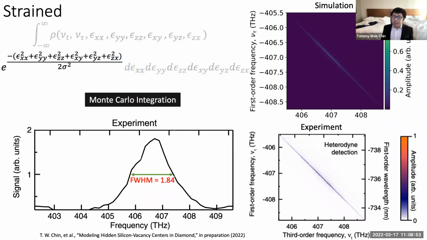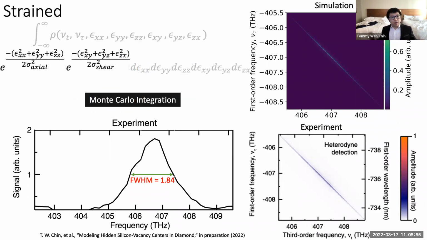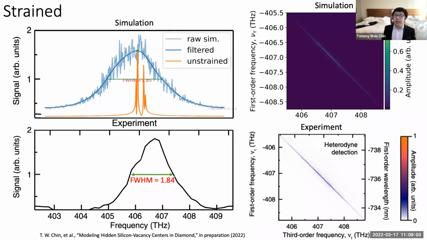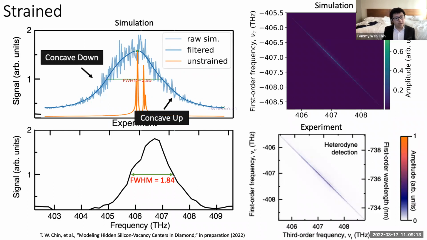Now, I can split my Gaussian into a product of 2 Gaussians with 2 different standard deviations, one for the axial, one for the shear strain. This allows me to manipulate the shape of my spectrum to better fit my experimental data, namely more of a concave up profile on the right, a concave down profile on the left.